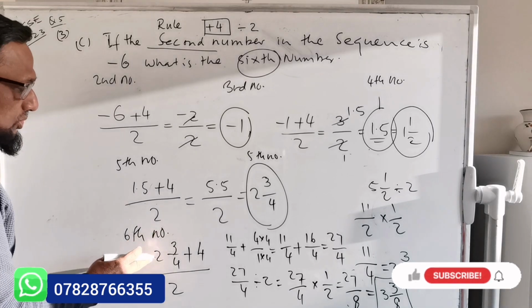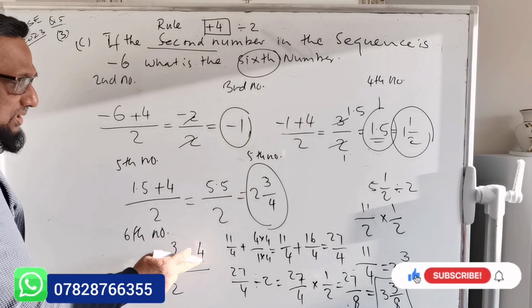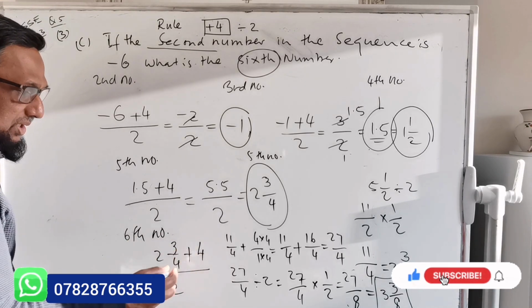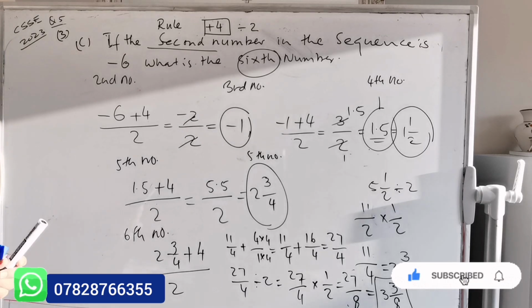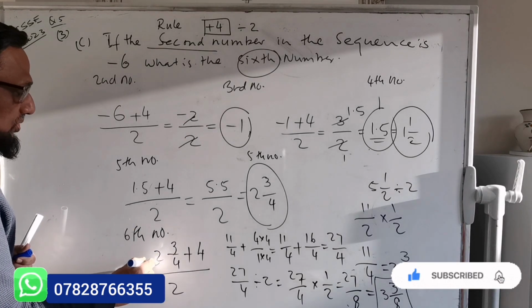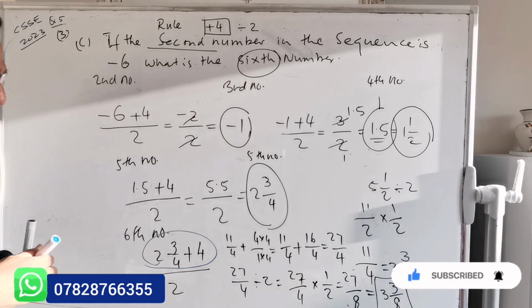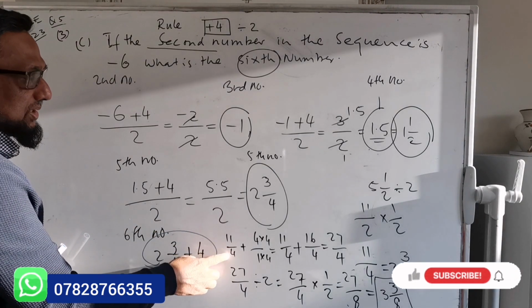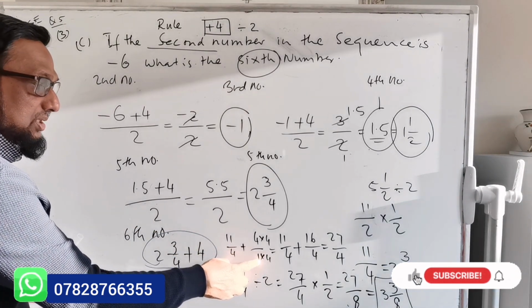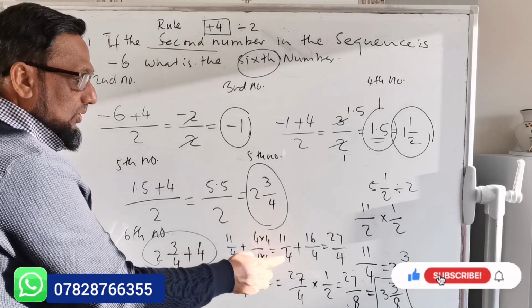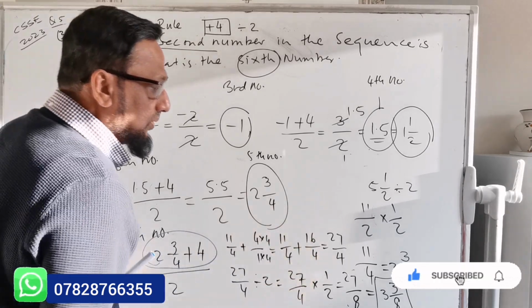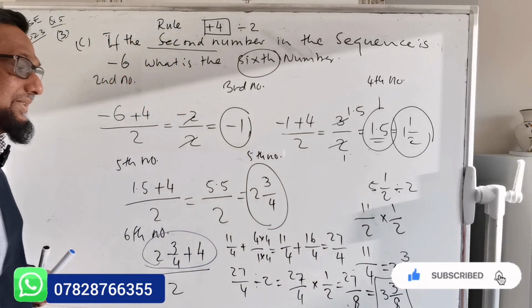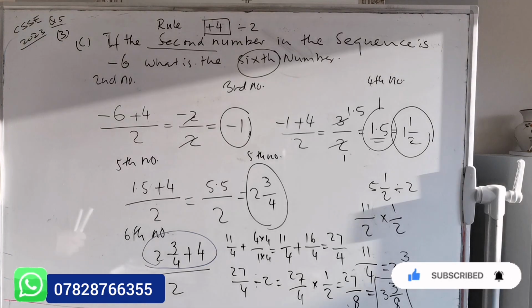And 2 and 3/4 plus 4, divided by 2. First I solve this, and convert to an improper fraction. Make the same denominator: 11 over 4 plus 16 over 4, and you get 27 over 4.